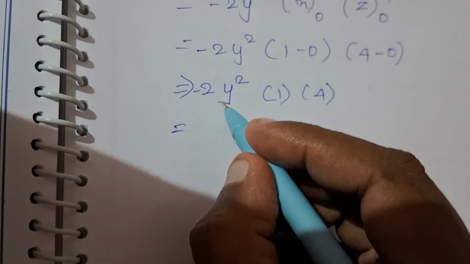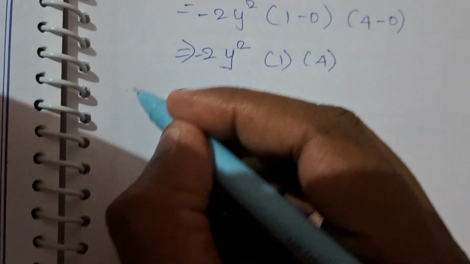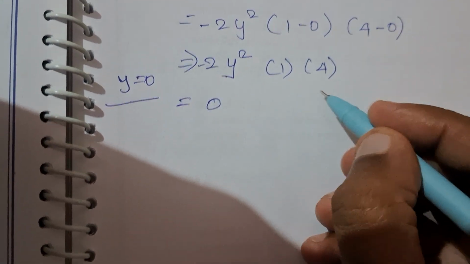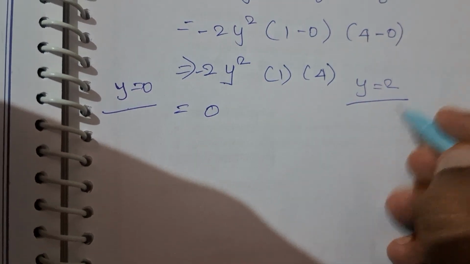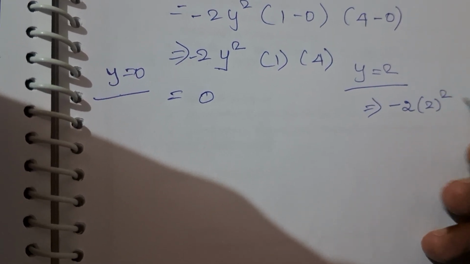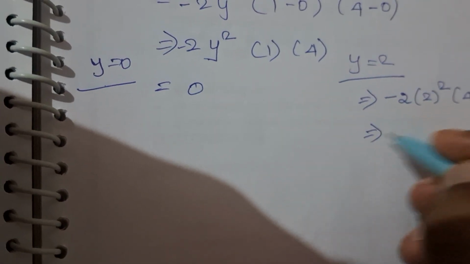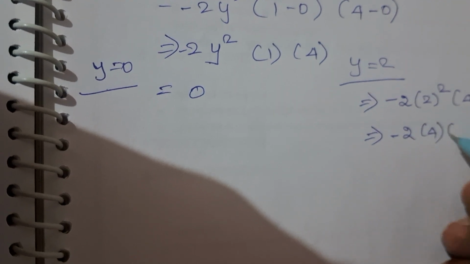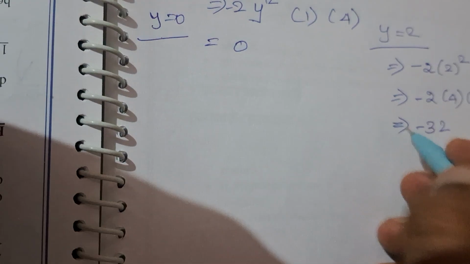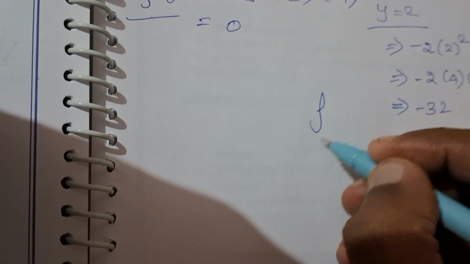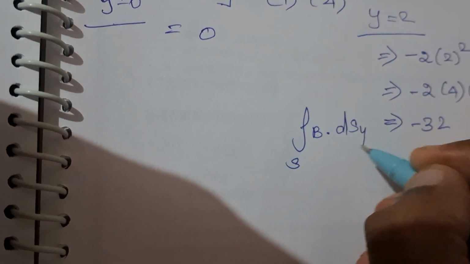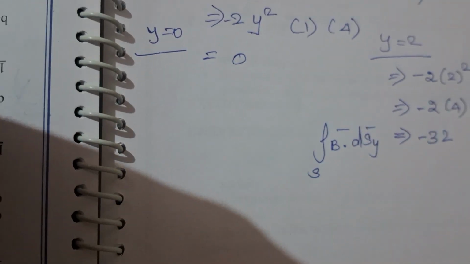Here we apply two values of y. Y equal to 0 means the value is 0. Y equal to 2 means minus 2, 2 square into 4. So minus 2, 4 into 4, so minus 32. So the integral of B dot dSy is equal to minus 32.